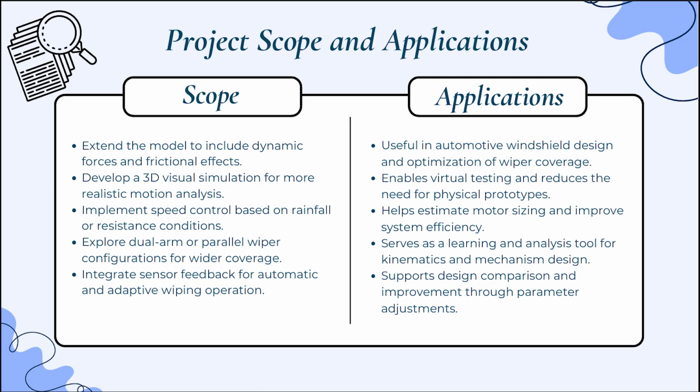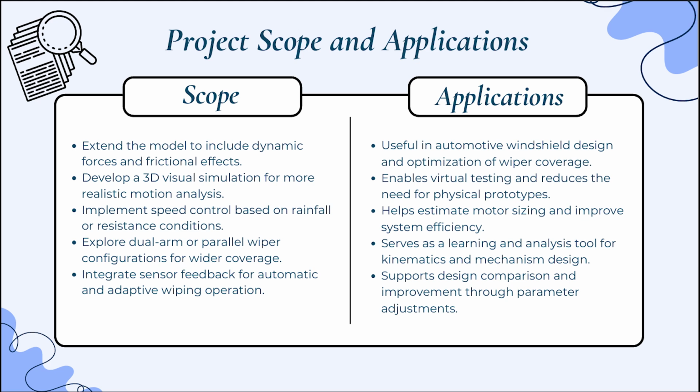Coming to the project scope, our current model can be extended in several directions, such as adding dynamic forces, friction effect, and developing a full 3D simulation for more realistic motion analysis. We can also experiment with parallel wiper mechanism, introduce rain-based speed control, and integrate sensor for fully automatic wiper.